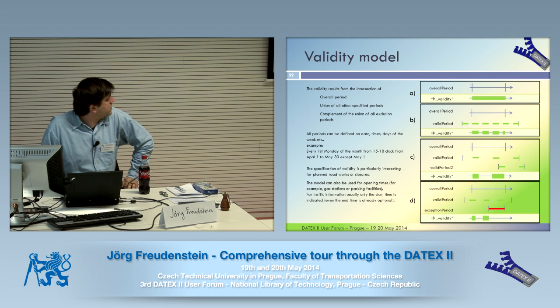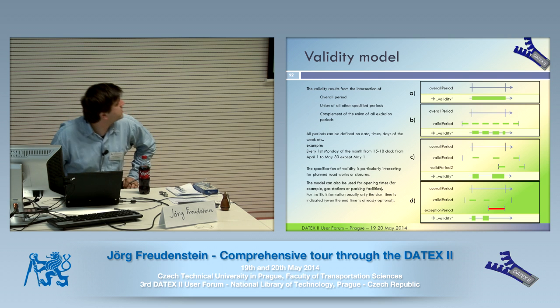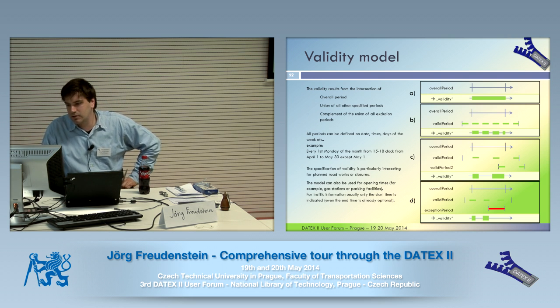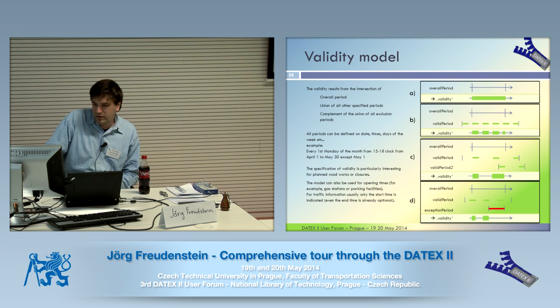And when you do it with several valid periods, I have a valid period here and a valid period here. So the resulting period is the result of these two green periods.